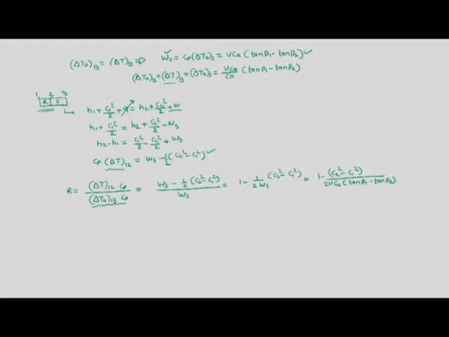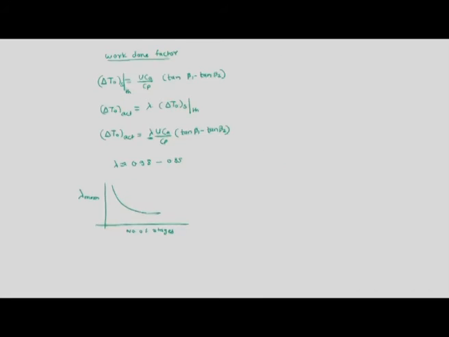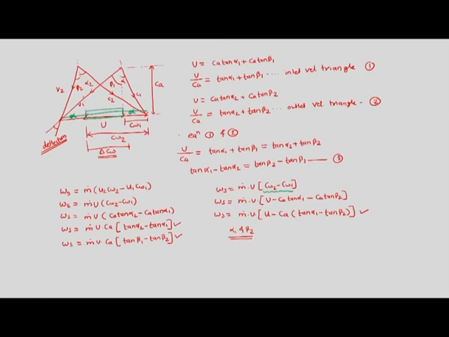Now we have to find out what Ca and C1 are. We will go back to the velocity triangle we had drawn. In this velocity triangle, C1 is Ca sec alpha 1 and C2 is equal to Ca sec alpha 2.